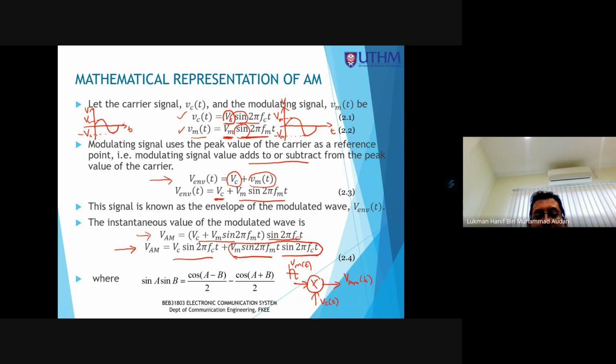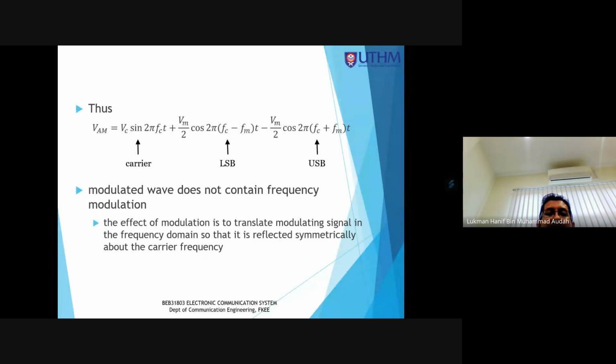According to the trigonometry identity, sine A sine B can be simplified into cos (A minus B) over 2 minus cos (A plus B) over 2. So therefore, we can rearrange the equation like this.